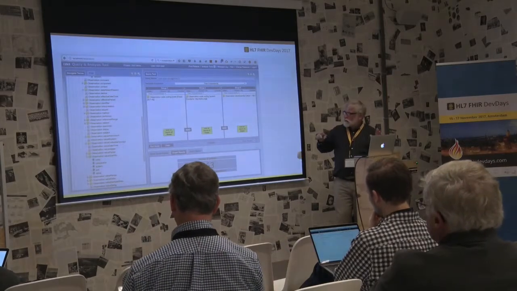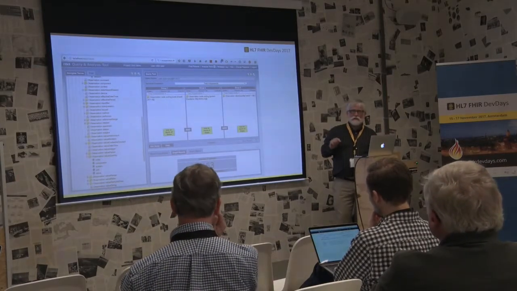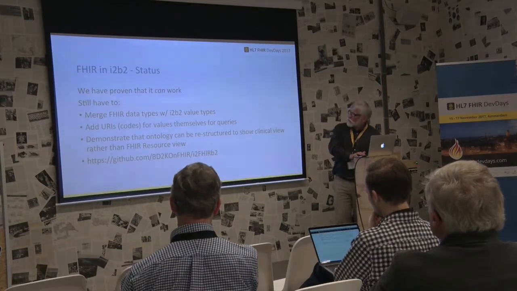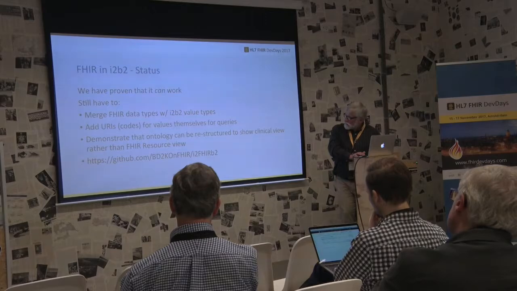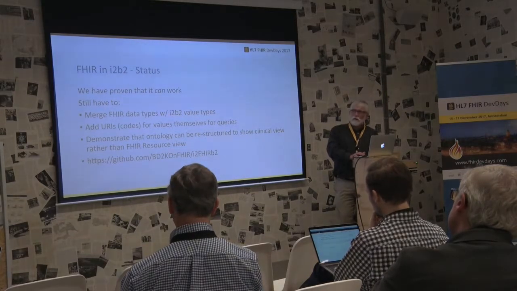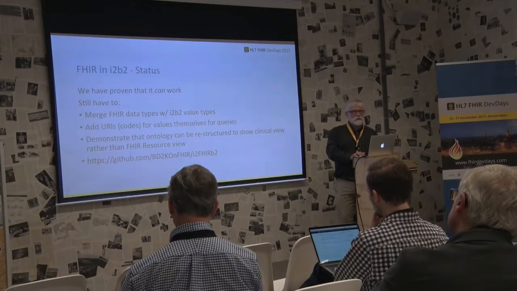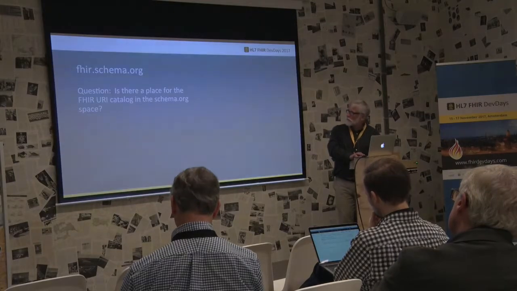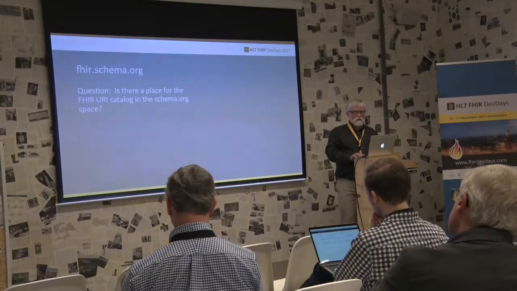And we can organize the ontology table to meet individual researchers' needs. So, right, we've proven it can work. We've got a lot of work to do, but so far we haven't hit anything that counts as a showstopper. It looks like the rest of it is very doable. We're pretty excited about where that's going to come out. And we have a couple minutes.